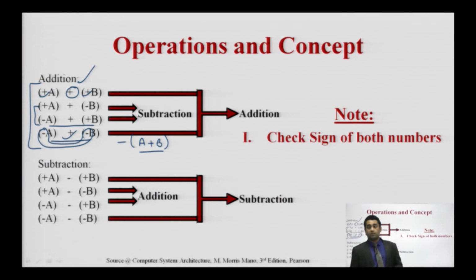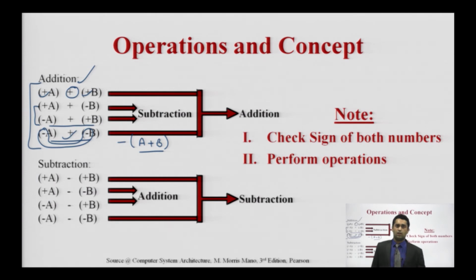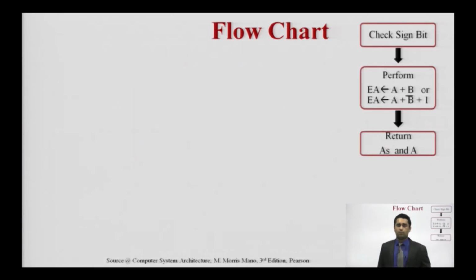In this case the first part is to check the signs and then perform the operation, whether it's a positive or negative number, and whether it's an addition or a subtraction. The flow chart we follow here basically says: first check the sign bit, second, if it is addition then perform this. What is the meaning of this A and E?